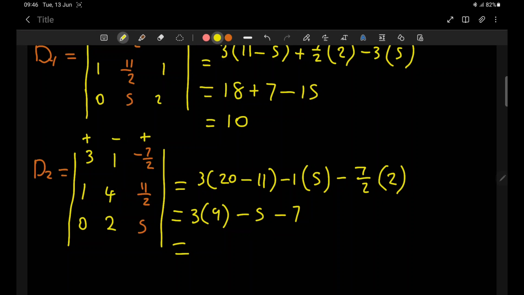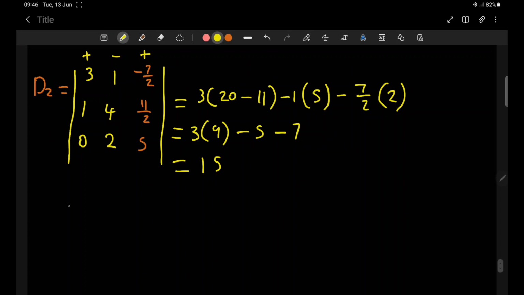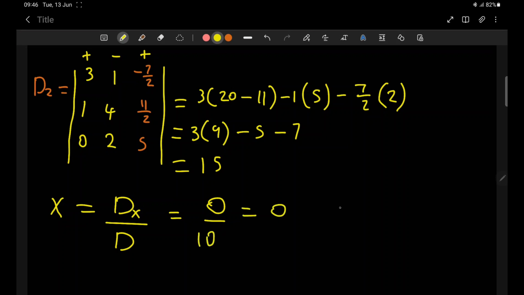So 27 minus 12 will give us 15. So this value here is 15. Then we can simplify or finalize our solutions. We'll say the value of x is equal to dx over d, which is dx was 0 over our d is 10, so this is 0.